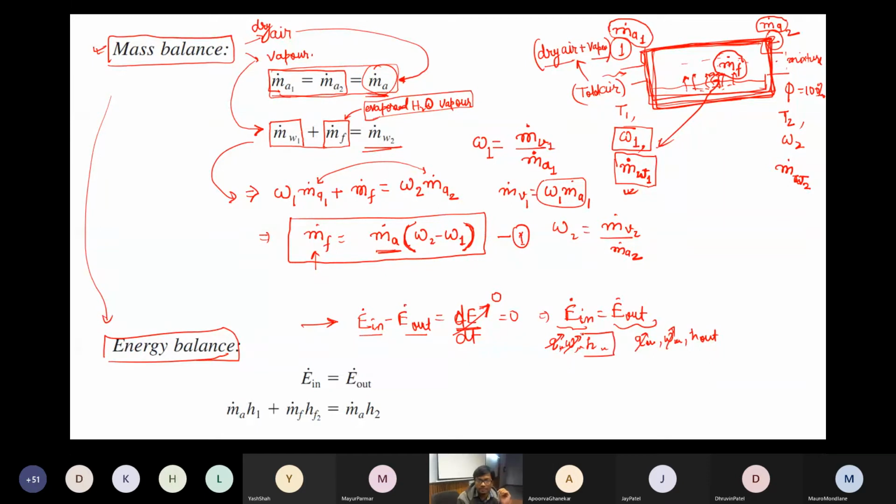So the only energy transfer is due to the enthalpies associated with the dry air plus the vapor, because there are two substances, so we have to take care of the enthalpies of these two substances individually.